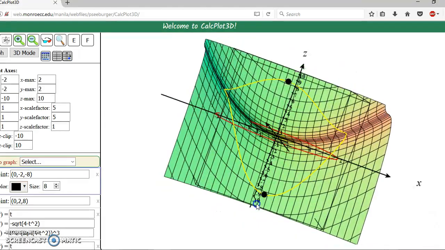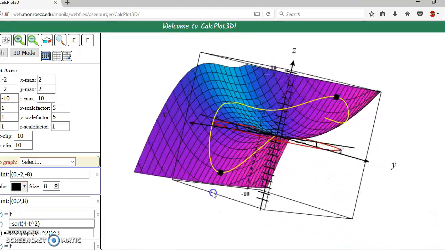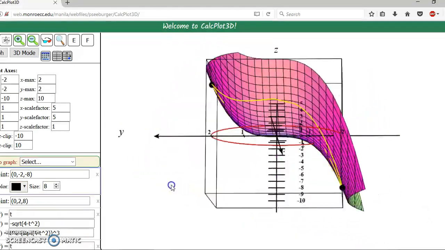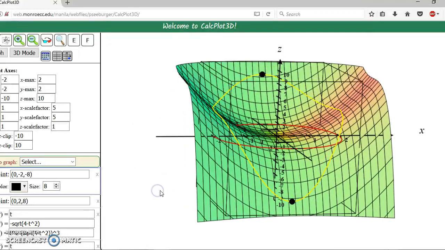And so the points do match up. The algebra matches up with the geometry as we would expect it to if we did everything right. It's pretty cool to be able to see the graphical representation showing us that what we had done algebraically does prove to be correct. And that's where we're going to end this video.